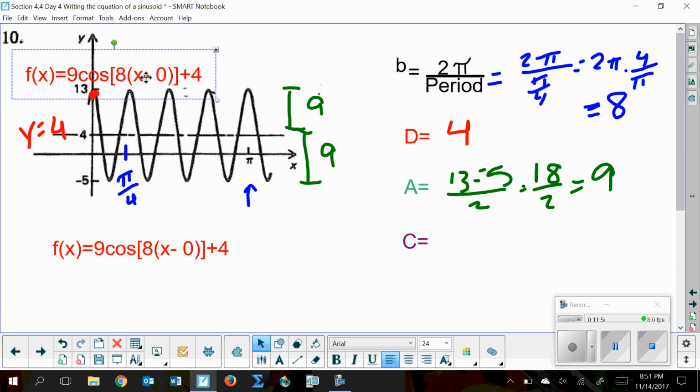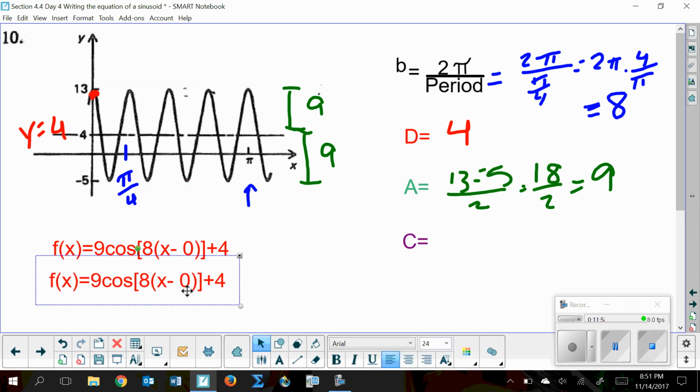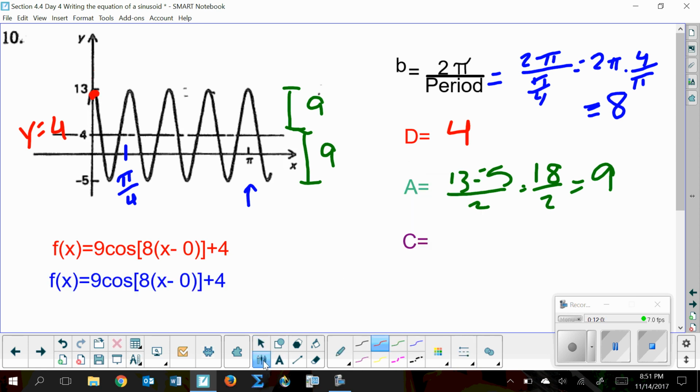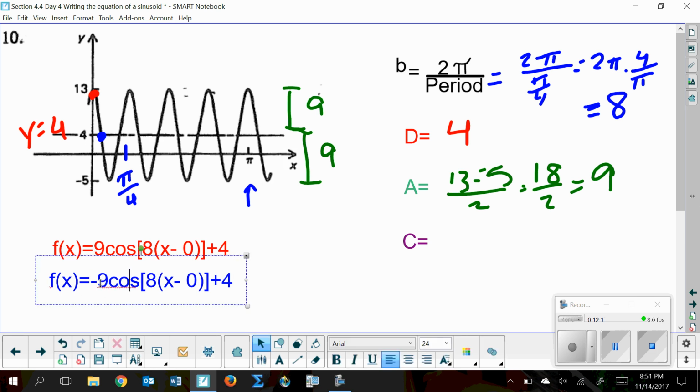I'll do one more on here, but I hope you can see that depending on where you start, you can come up with tons and tons of different equations, an infinite amount of equations, because you can keep moving 1/4 of the way over on the graph. Starting at this blue dot right here, it is going to be a negative sine curve. So now my a becomes a negative.